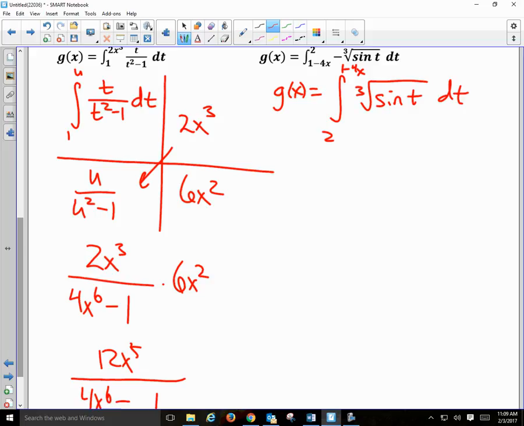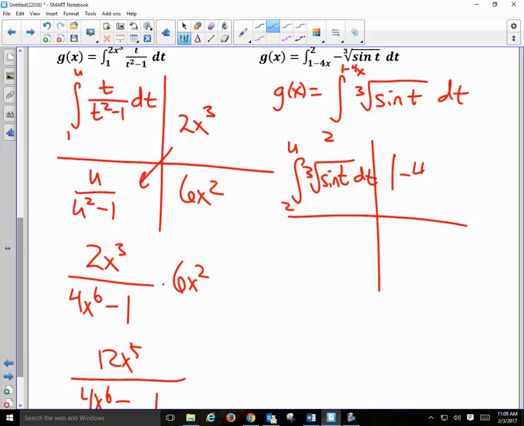Because I have a 1 minus 4x and not an x, I need to set up the chain rule. So on the outside, I have 2 to u of the cubed root of sine of t dt. What is u? What's the inside? What's the derivative of 1 minus 4x?